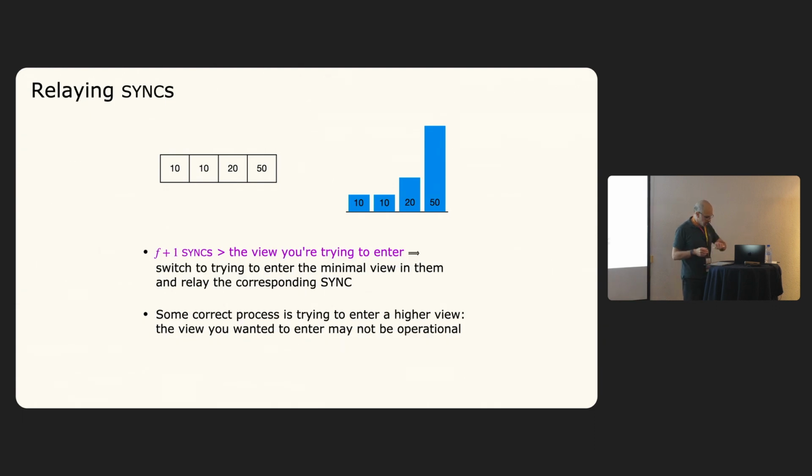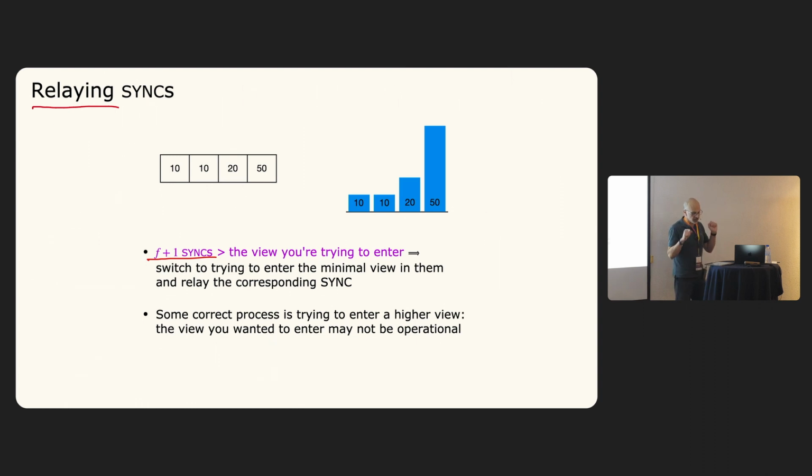Now, I can do the same thing for f plus 1. Remember, I have the f plus 1 criterion and the 2f plus 1 criterion. On f plus 1, I do relaying. I use a similar rule for determining when I can relay, but now I am using the f plus 1 highest.